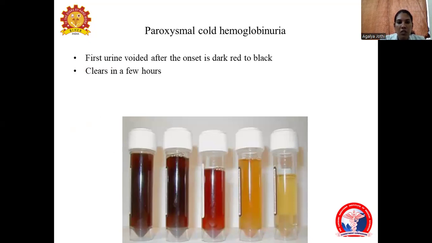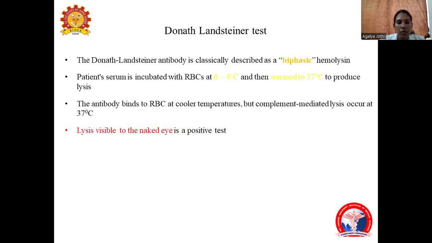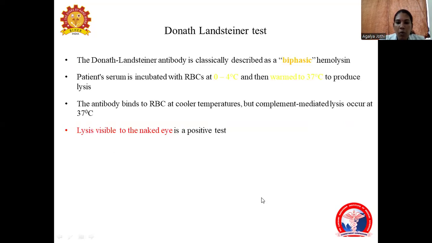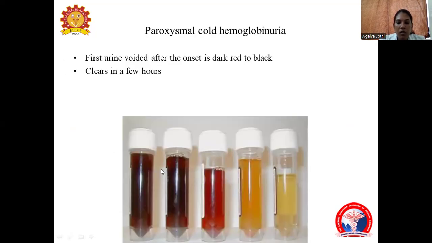Why is the early morning voided sample dark in color and the subsequent ones clear? Because the hemolysis occurs in concentrated, acidic urine overnight.